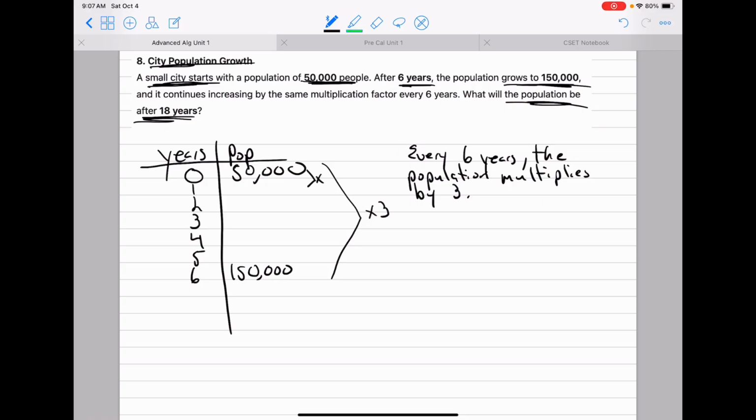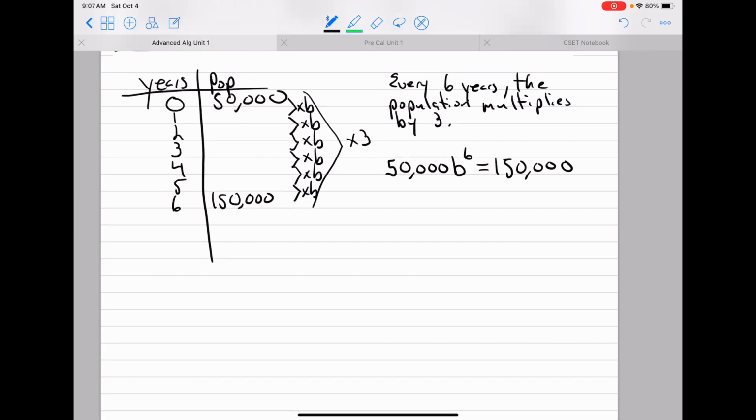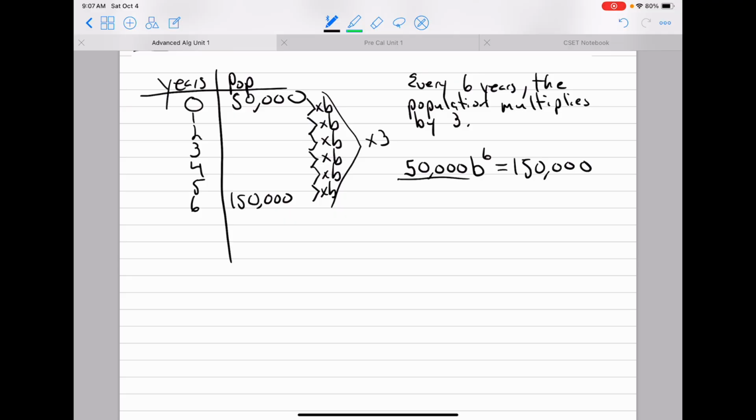Okay. So let's start making my equation. So I'm going to go times b to get here, times b to get here, times b to get here, times b to get here, times b to get here, and times b to get here. 1, 2, 3, 4, 5, 6. So I'm solving for b. So I know that 50,000 times b to the 6th power should equal 150,000. I'm going to go ahead and solve for that.